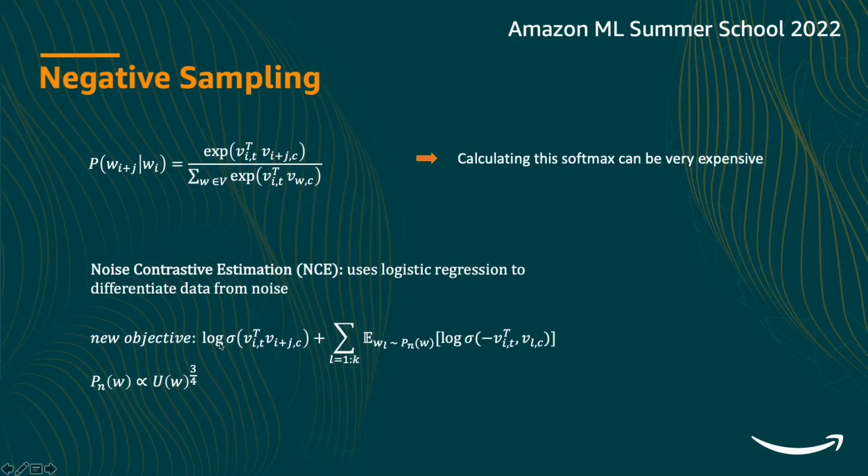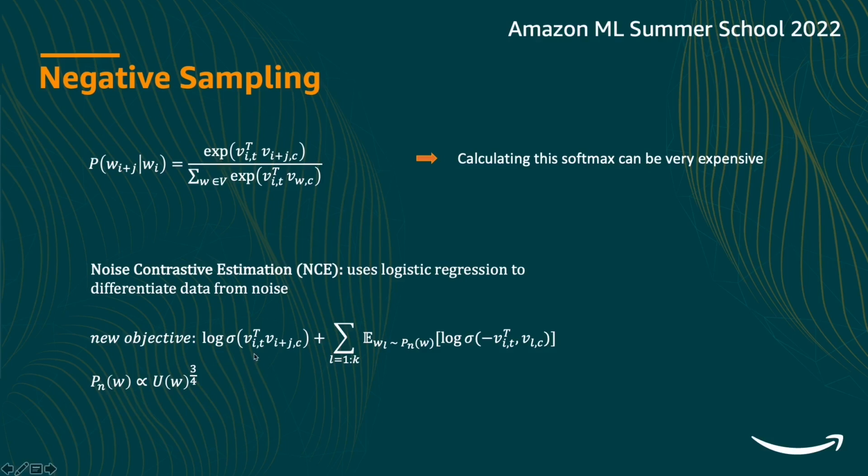The previous one was a multinomial classification task. Instead of that, we replace it with a binary classification task, where we predict whether two words occur in the context of each other or not. It consists of logistic regression components. We take the dot product between the target and the context word vectors, and we pass it through a sigmoid function.